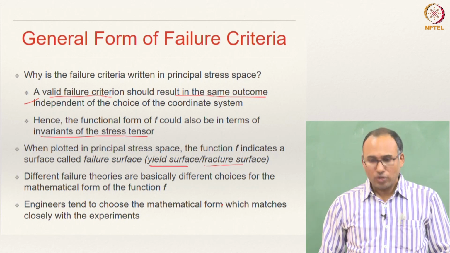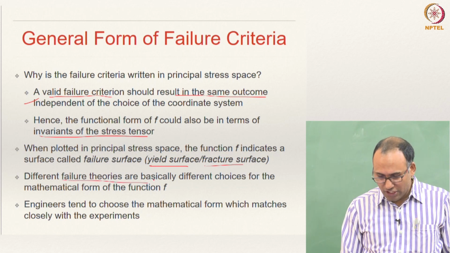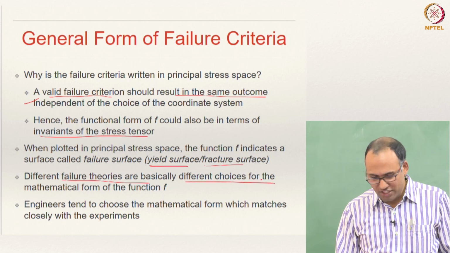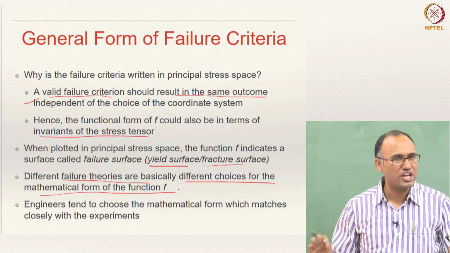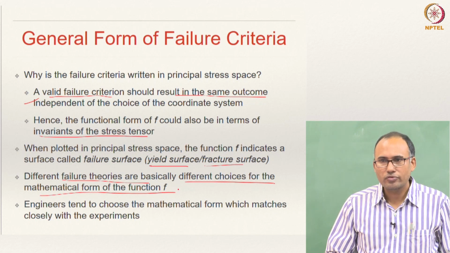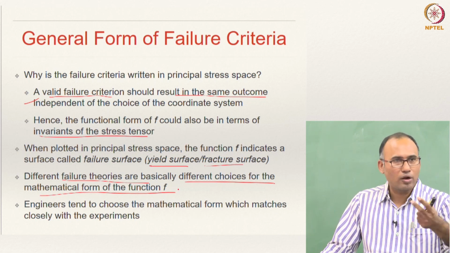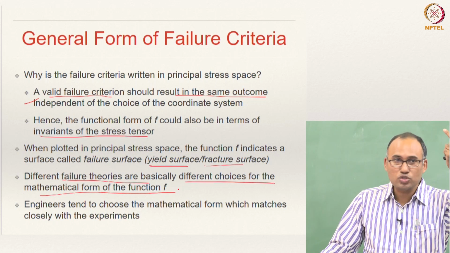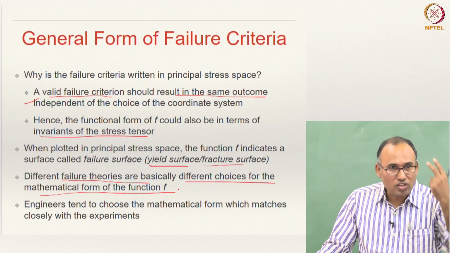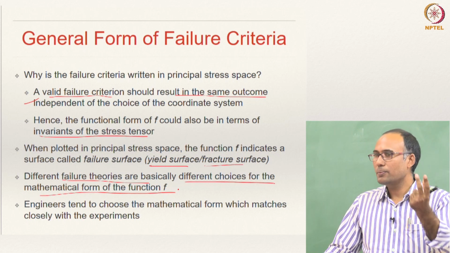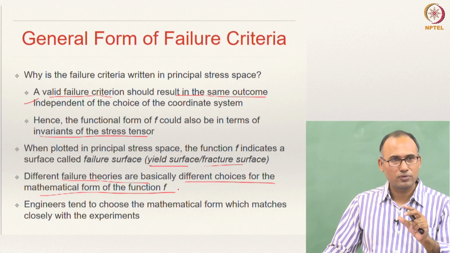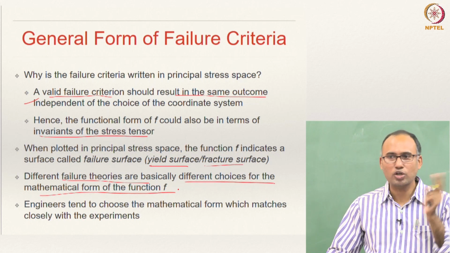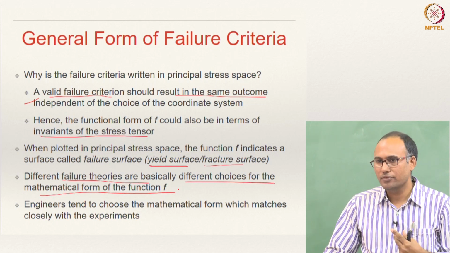Okay? So, as I have already mentioned, different failure theories are basically different choices for the mathematical form of your function f, that is all. So, the moment you recognize that, you really do not have to worry about remembering different failure theories, you just remember the philosophy on which they have prescribed that failure theory. Then your functional form comes out automatically, you will be able to derive the functional form. Okay?